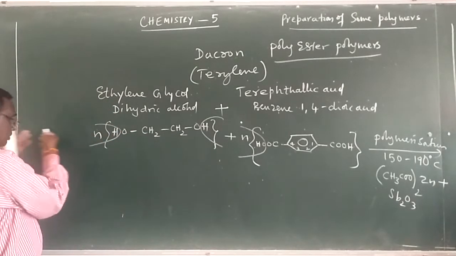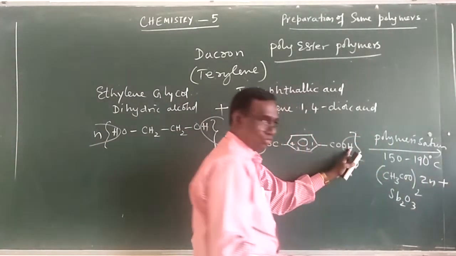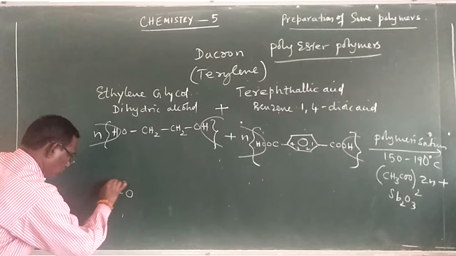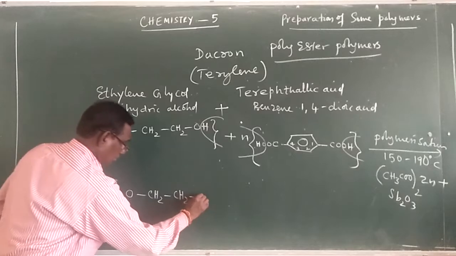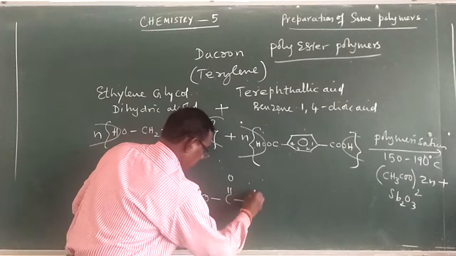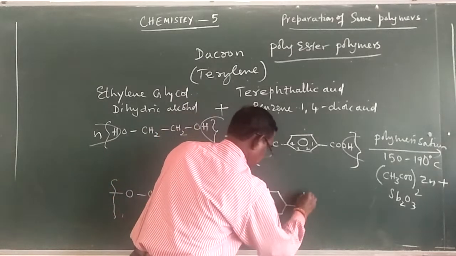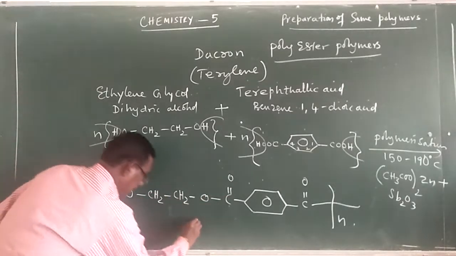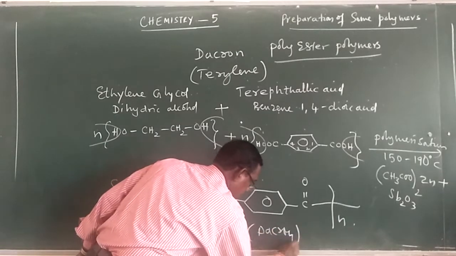As a result, the remaining polymer is like this: O, CH2, single bond CH2, single bond O, single bond CO, C6H4, single bond CO. This polymer is called terylene or Dacron.